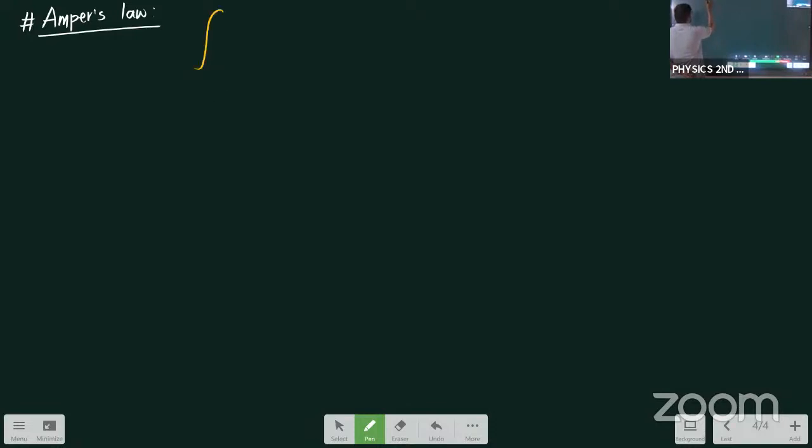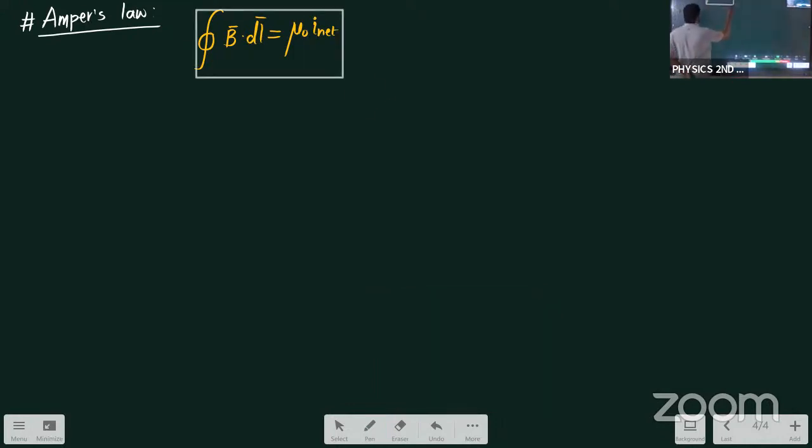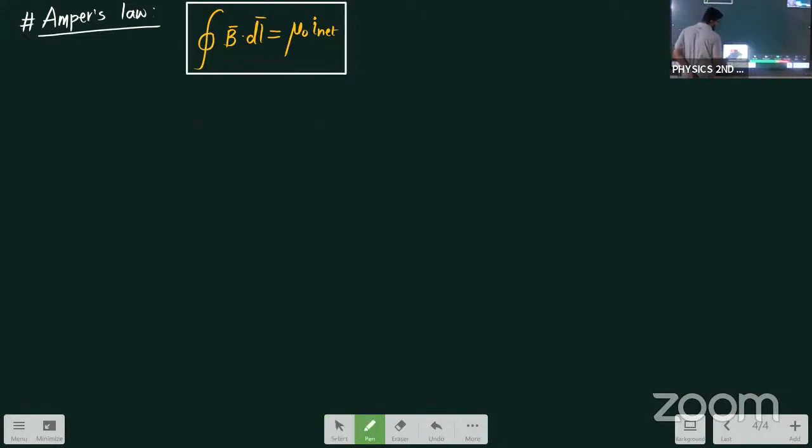It is given as closed integral of B dot dl is equal to mu naught I net. This is the formula for Ampere's law. Based on this formula, we will write the statement for Ampere's law.